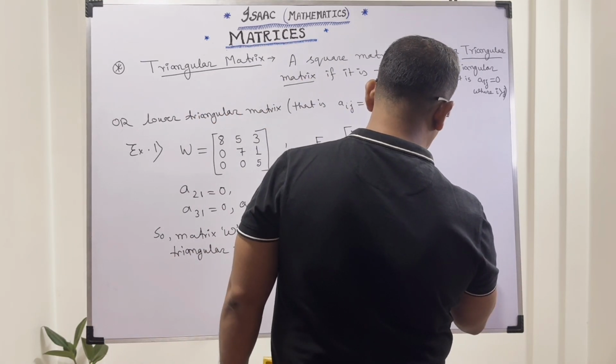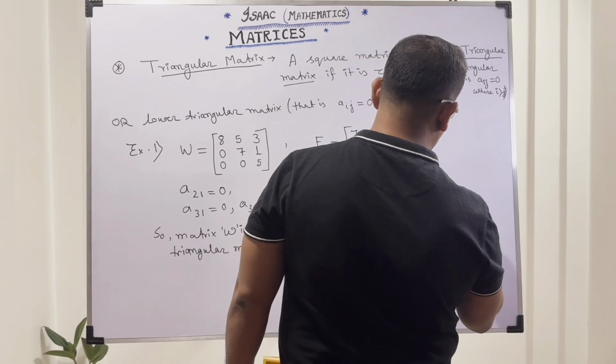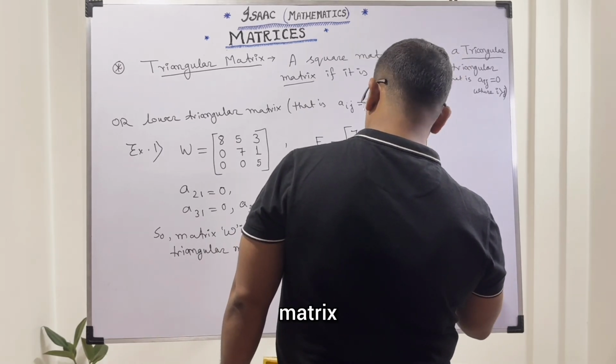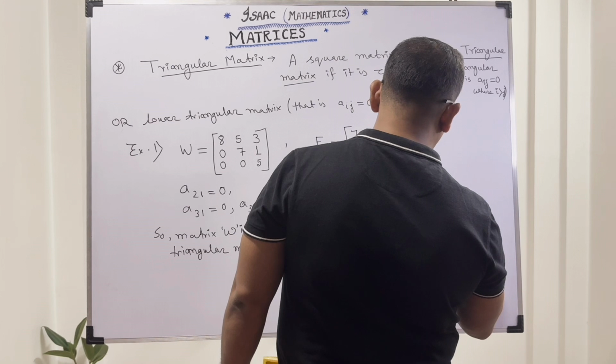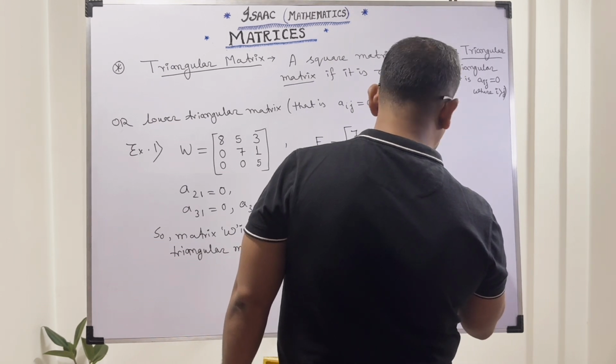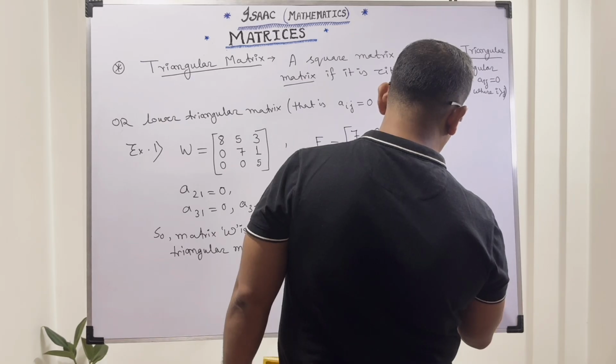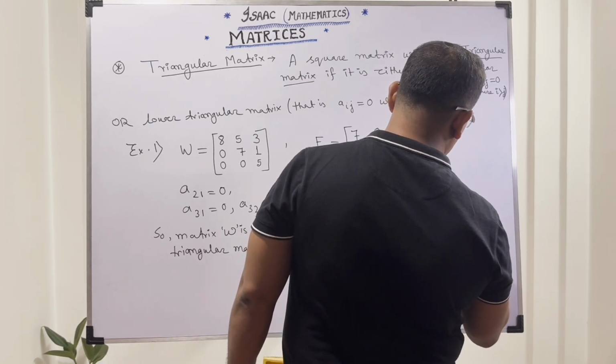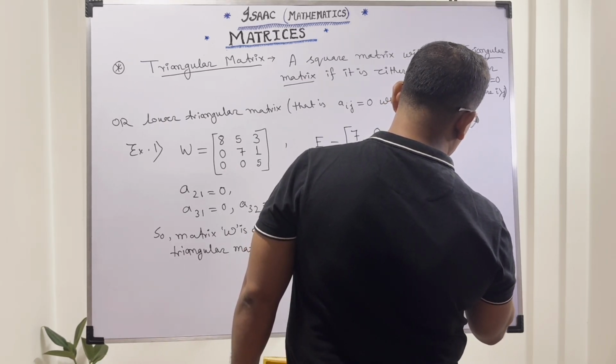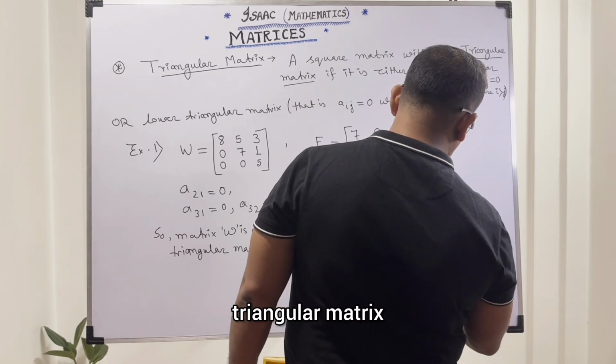So matrix E is a lower triangular matrix.